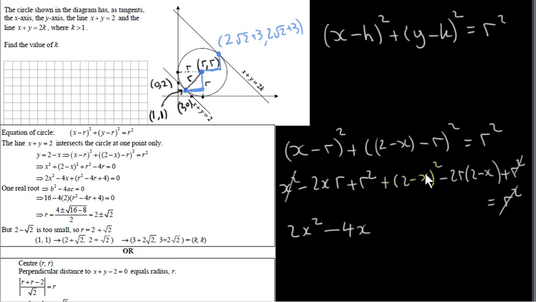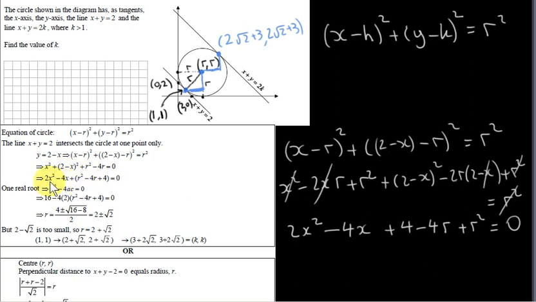Well, we're going to get a plus 4 from squaring this out. Now let's look at these terms over here. We have minus 2r by minus x. That's plus 2rx. But that's going to cancel with the minus 2rx over here. We're going to get minus 2r by 2. That's minus 4r. We also have a plus r squared here. And then we have 0 on the right hand side. So that's where this equation comes from.